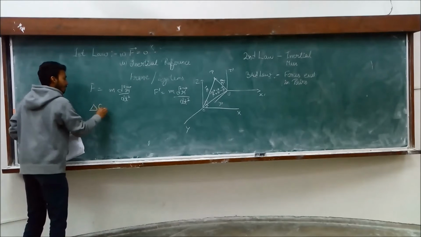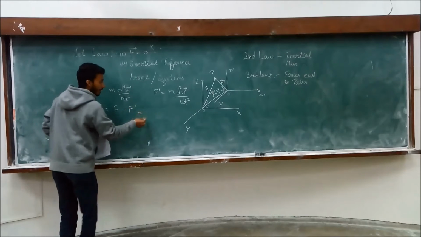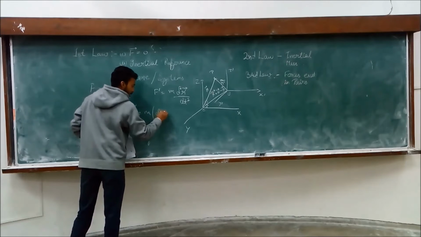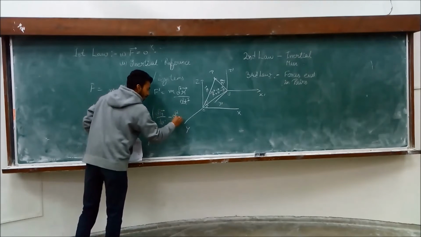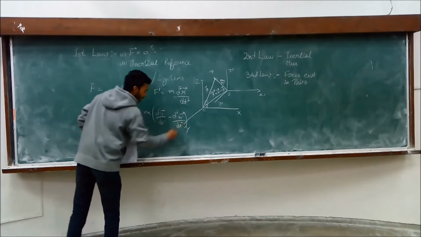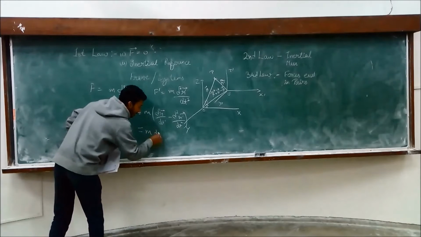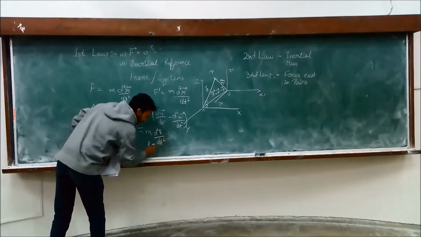So subtracting these, let us calculate F minus F dash, which is equal to m times d squared (r minus r dash) by dt squared.